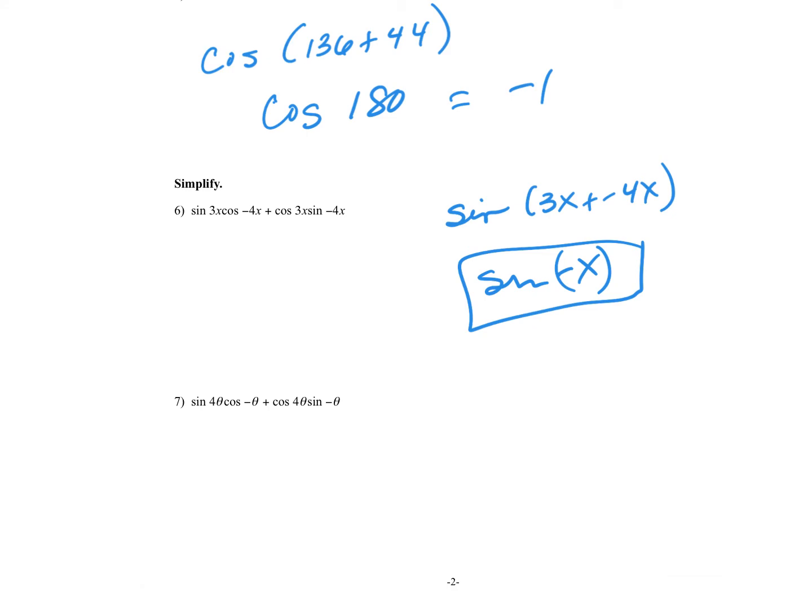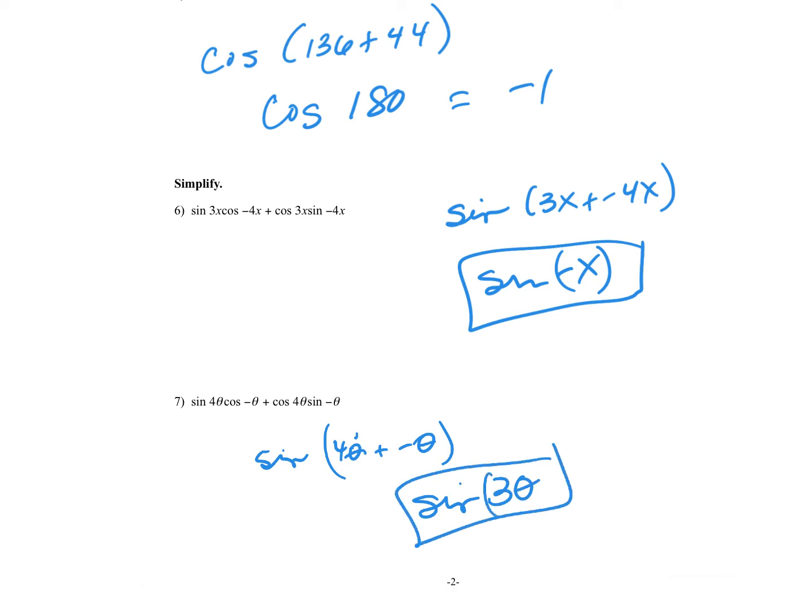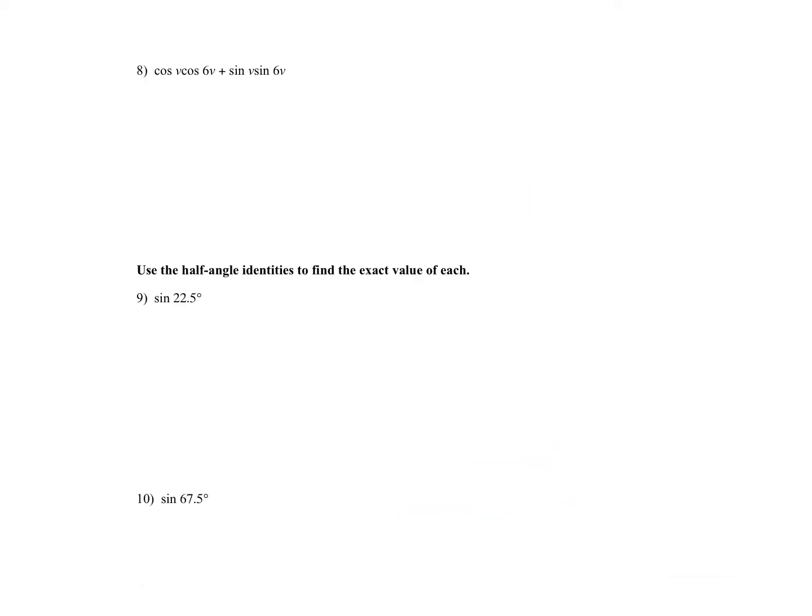So don't get these wrong. So this is sine cosine plus cosine sine again. That's sine of the first guy plus the second guy, which is sine of 3 theta. And the last one is cosine cosine plus sine sine, which is the cosine of the first guy minus the second guy. And that's going to be 1 minus 6v is cosine of -5v.